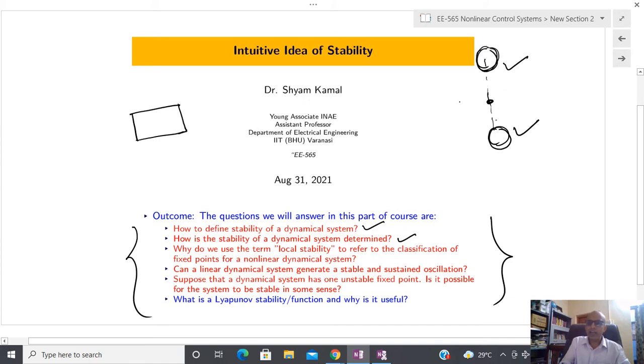If you apply some small perturbation here, then my behavior is again like this, but here if you apply some small perturbation, then I cannot maintain this position. And due to the several isolated equilibrium points, I cannot talk about stability of the whole dynamical system.